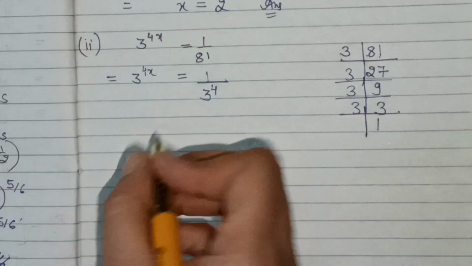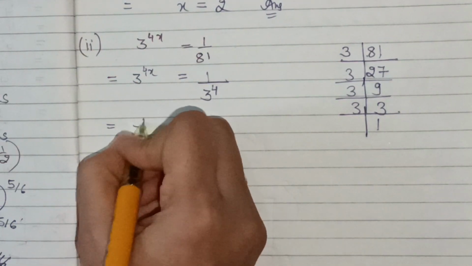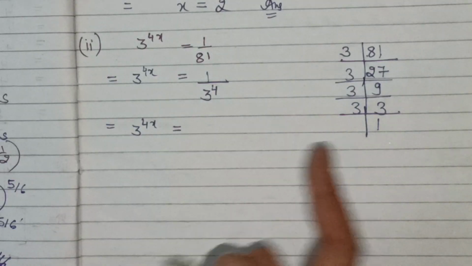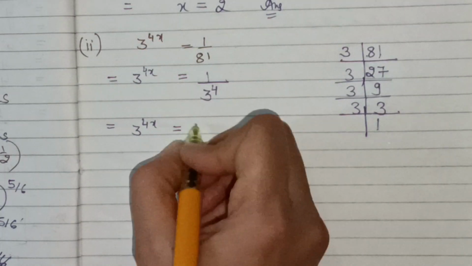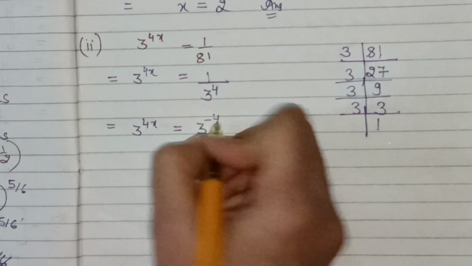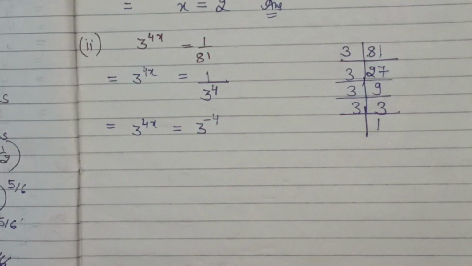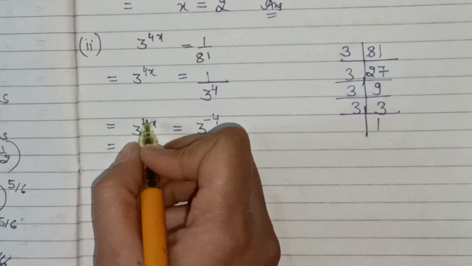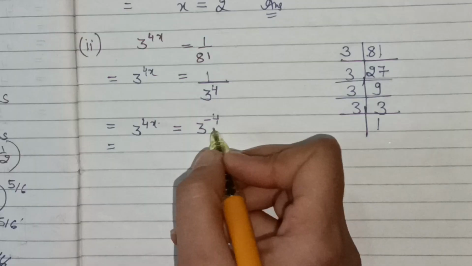Now I write it as 3 raised to power 4x is equal to 1 upon 3 raised to power 4, which I write as 3 raised to power minus 4. Now we compare the exponents. The exponent on the LHS is 4x and here the exponent is minus 4.